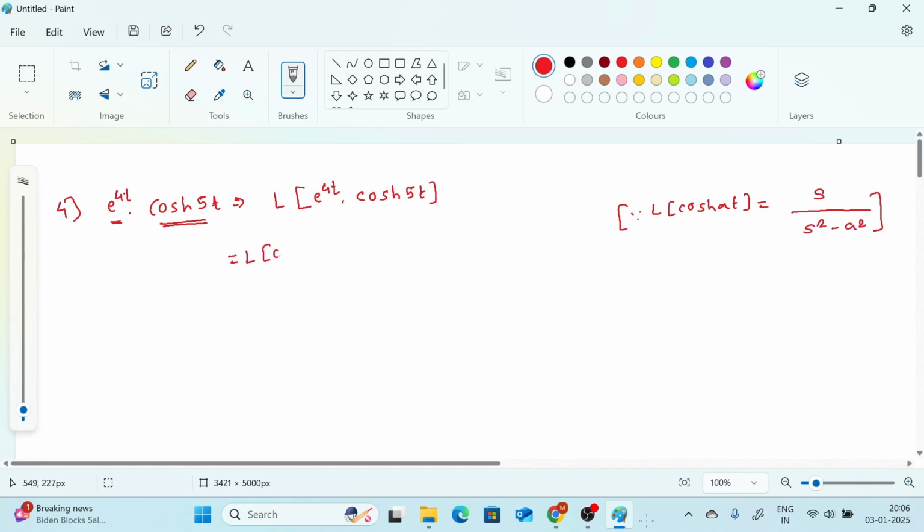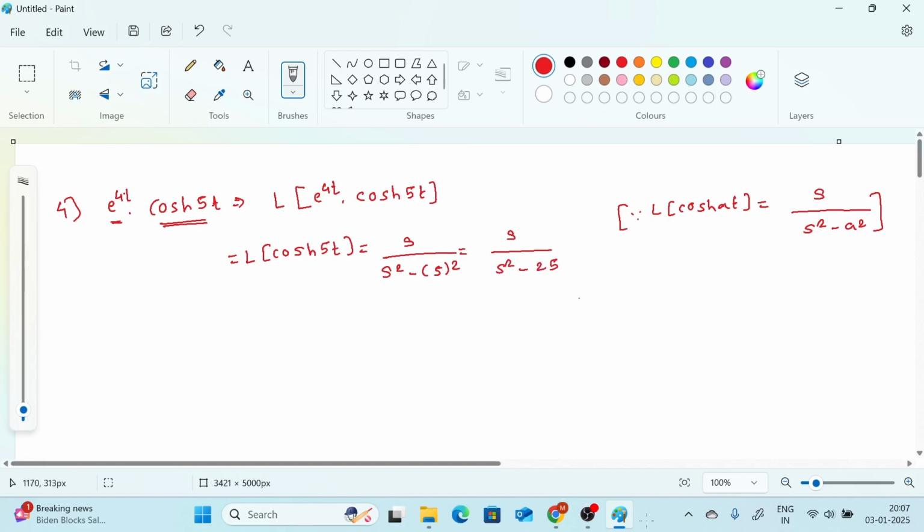Laplace of cos of hyperbolic 5t is equal to s upon s square minus 5 square, equal to s upon s square minus 25, right?